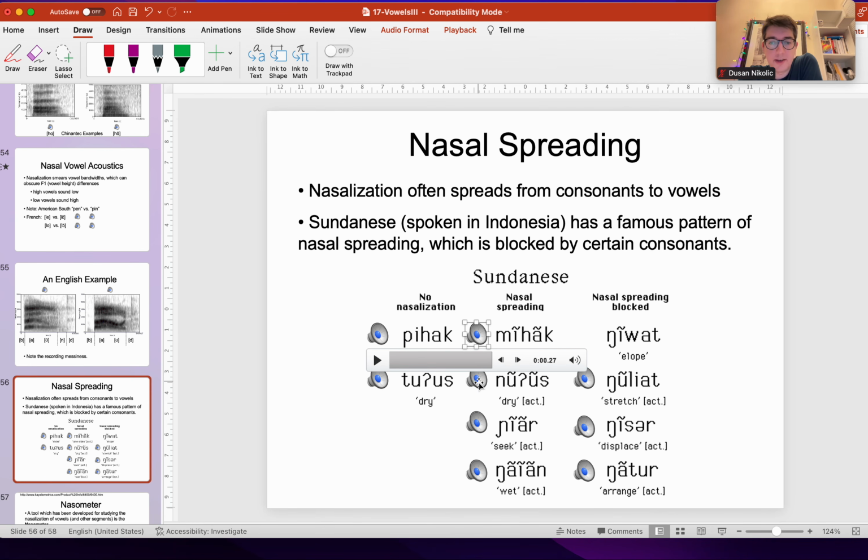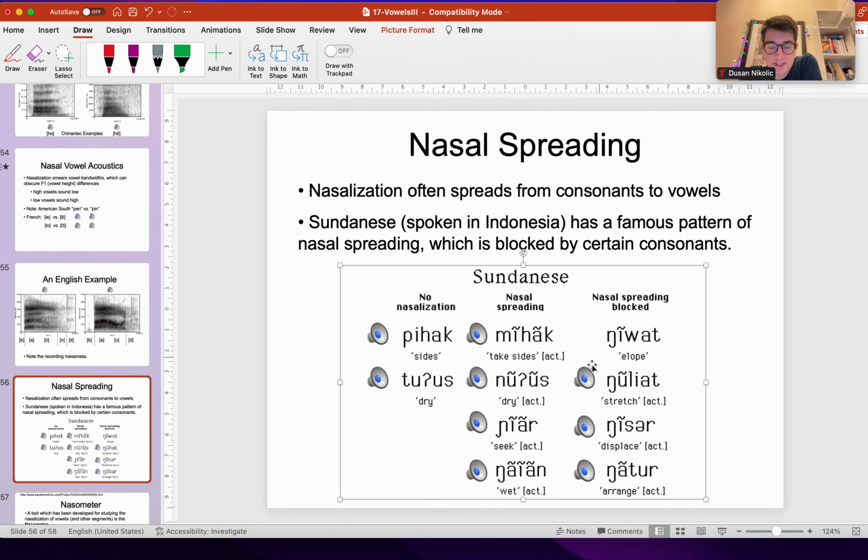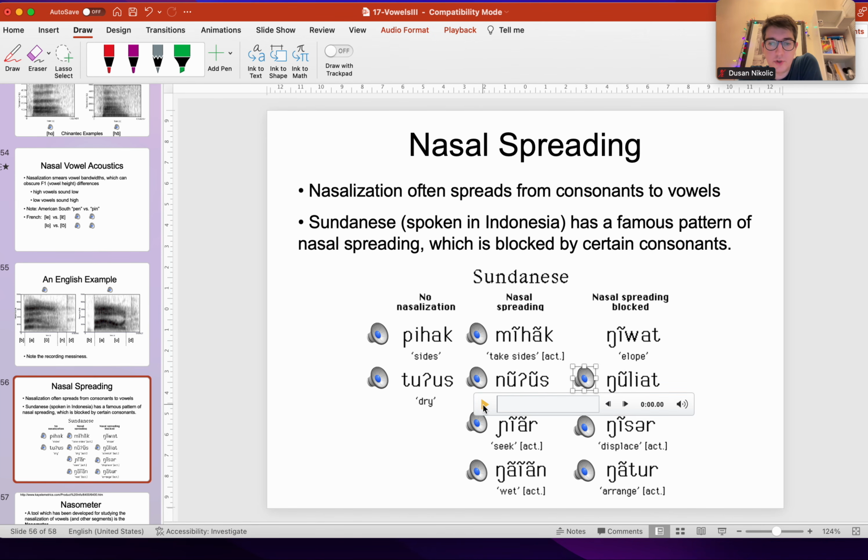Miha, nuhus, nia, nayang, right? And here you don't see it, right? There is no spreading. Nasal spreading is blocked.